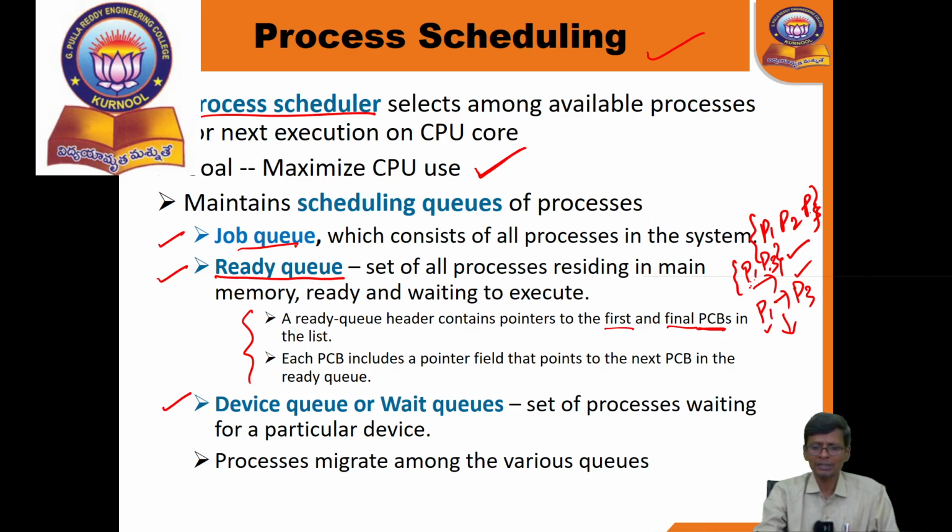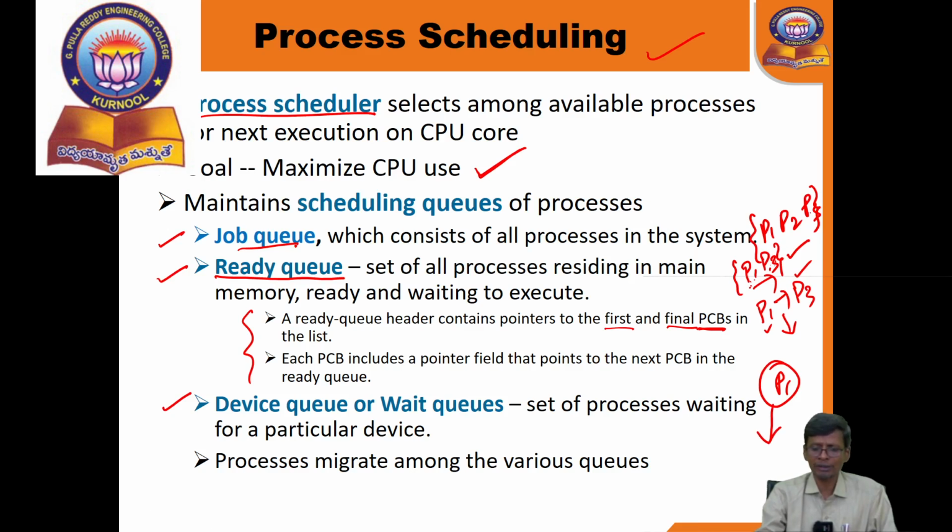So in our example, P1 and P3 are ready to execute. For example, if P1 wants to access any one of the devices, then P1 will be placed in the device queue. At the time of the P1 execution, the P3 process will be idle. So P1 can start the execution.